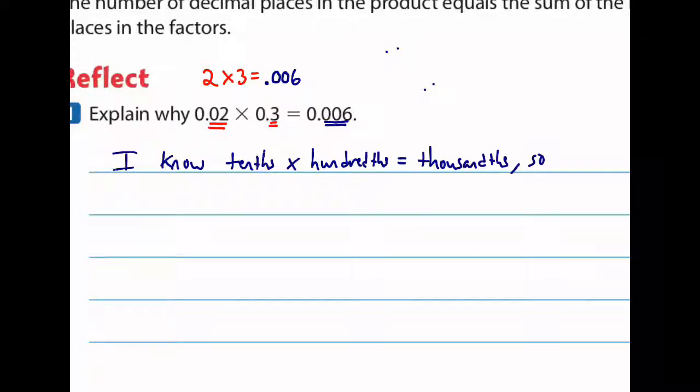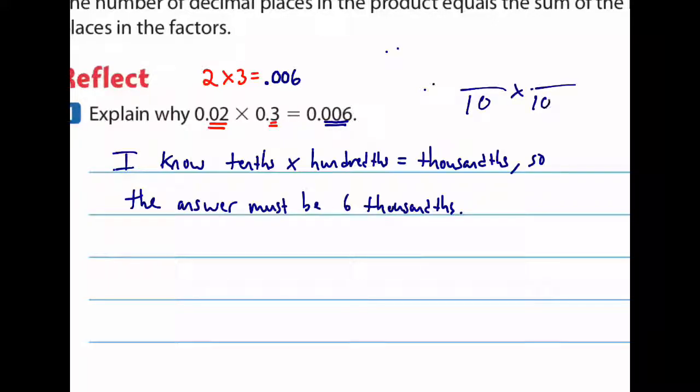So the answer must be 6 thousandths. Now remember, if you have tenths times hundredths, you're going to get thousandths. That's a good way to help you remember.